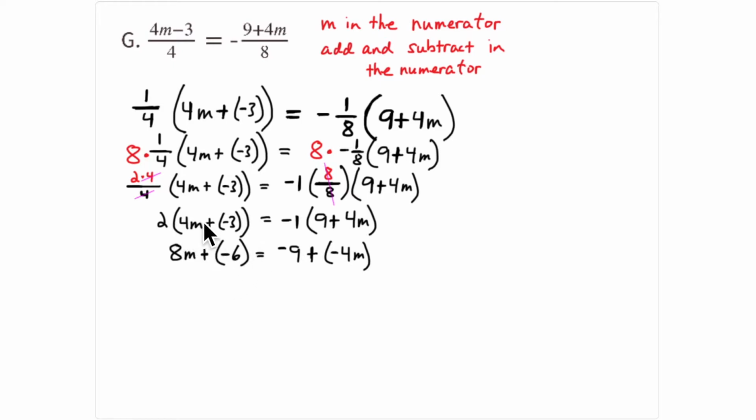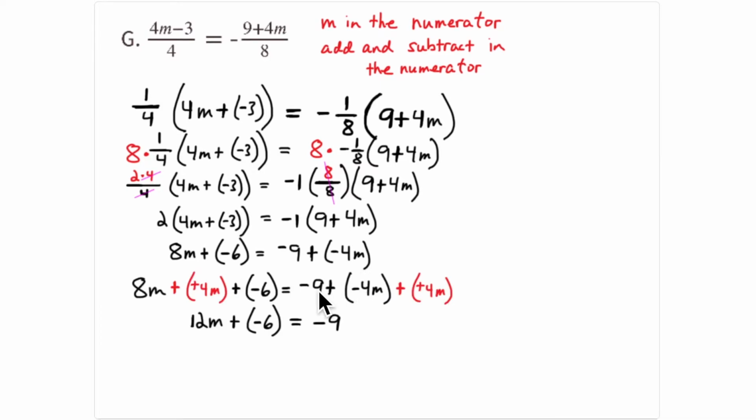So now it's easier to see distributing that 2, what's going on. And also a negative 1, so it's the opposite of 9 is negative 9. And I like to read negative 1 as the opposite. It just makes more sense to me. The opposite of 4m is a negative 4m. So this is negative 9 plus a negative 4m.